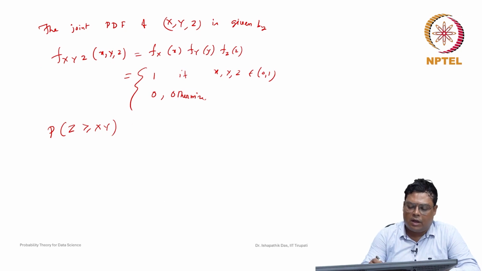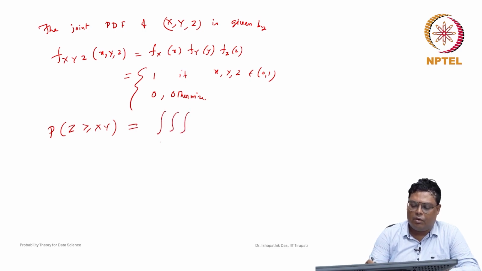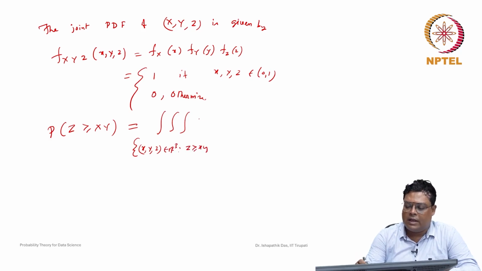This is a region in a 3-dimensional space, so we have to do integration over this region. We have to take all x, y, z in R3 satisfying z greater than or equal to xy, and on this region we integrate the joint probability density function dx, dy, dz.